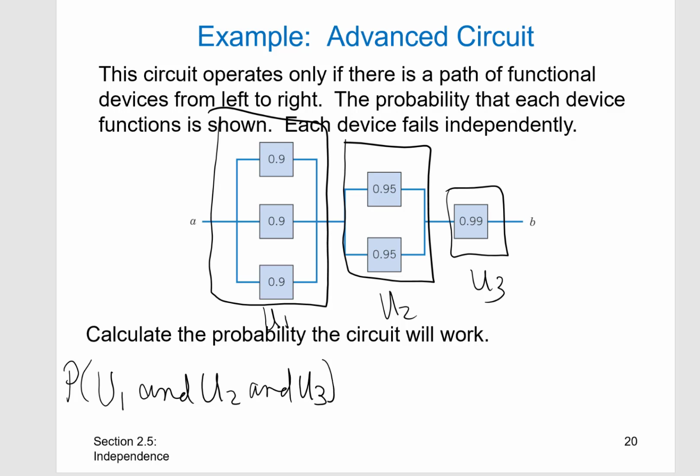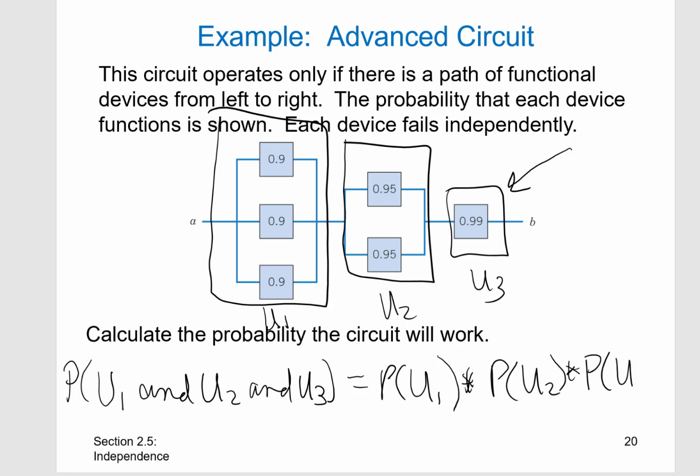Well, unit 3 is easy, it working. I know that probability, pretty simple. But I'm going to have to think about the problem for the probability of unit 1 times, of course, the probability of unit 2, because they're independent of one another. And as I said, I already know that probability is 0.99.